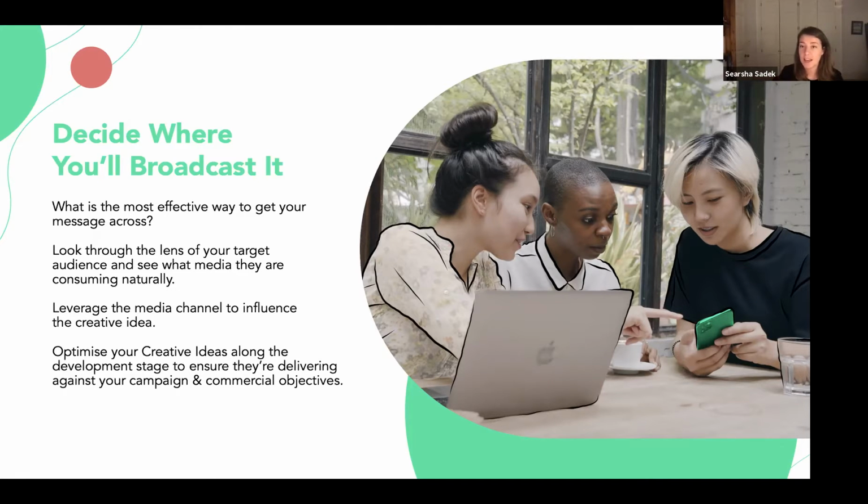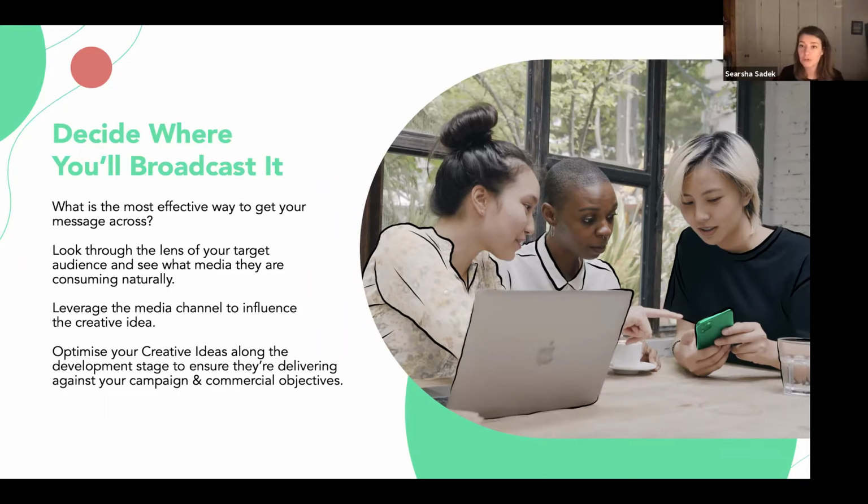The second is, once we get to the creative idea portion, where best suits your creative idea? If you've come up with a 3D model, the best place for that isn't social media, perhaps. Maybe it's an actual live execution in a train station or something. You've got to think about where suits the creative idea that you've had. If it's a really lively, exciting, visually dramatic idea, maybe TikTok is the right place for it.